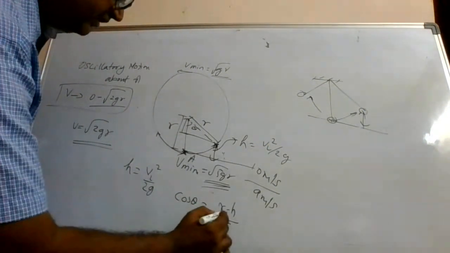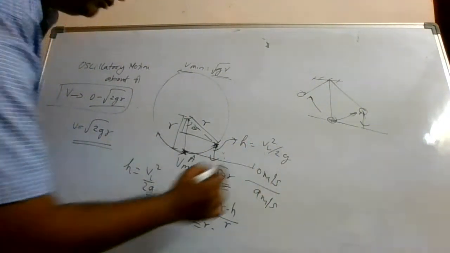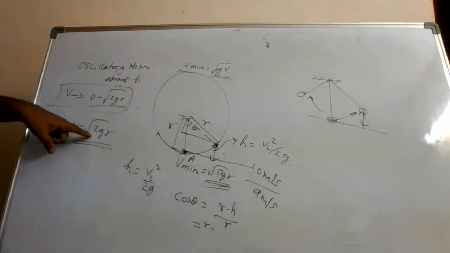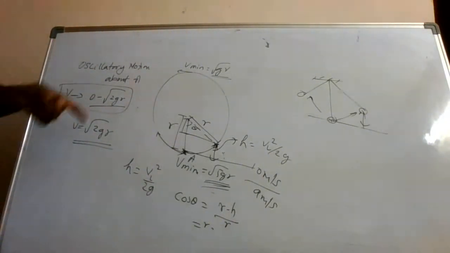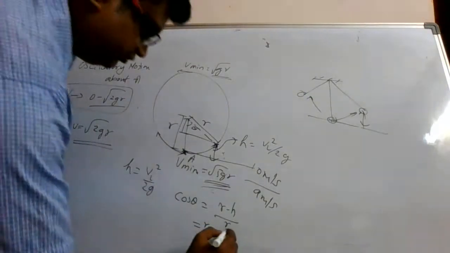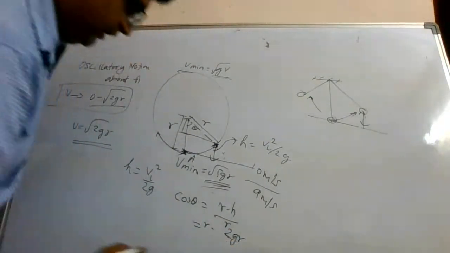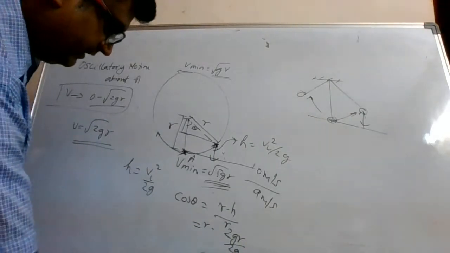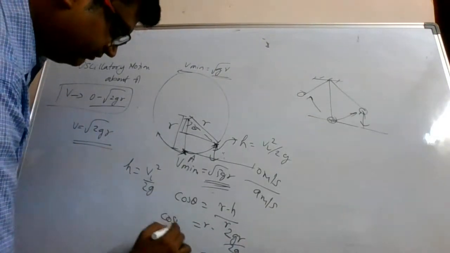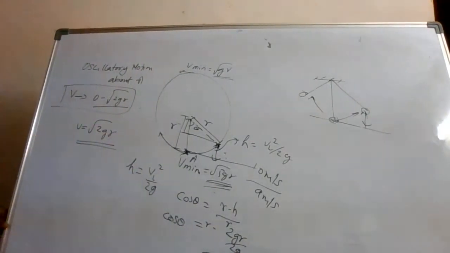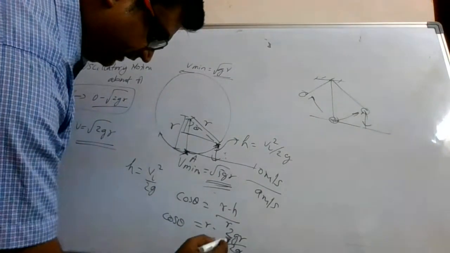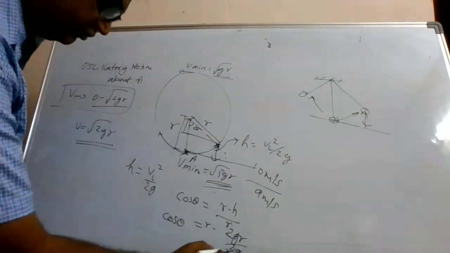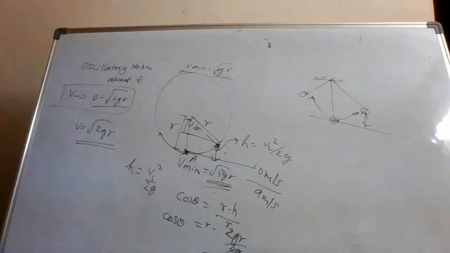R minus, what is h? H is VL square by 2g. So what is VL? Root over 2gr. VL square is 2gr. So it is r minus 2gr by 2g, whole divided by r. This is your cos theta value. Right? So you can see here, you can cancel out g and g. You can cancel out 2 and 2. Alright?